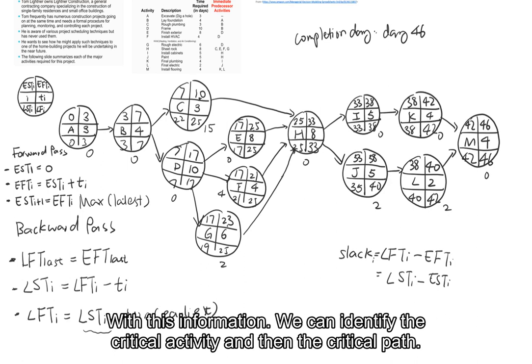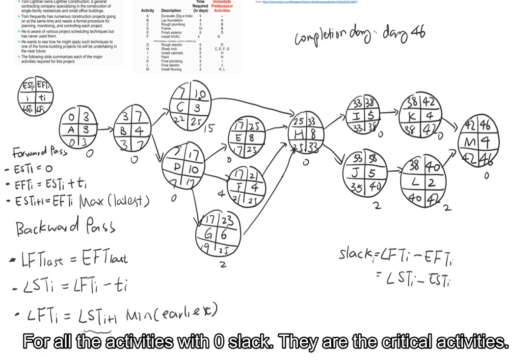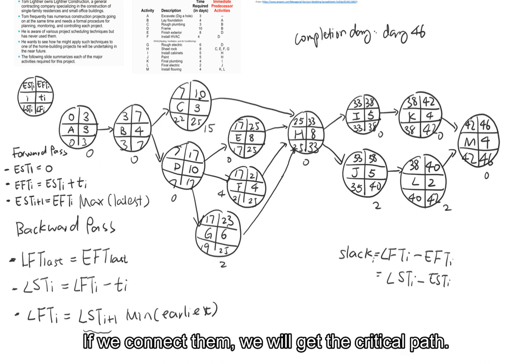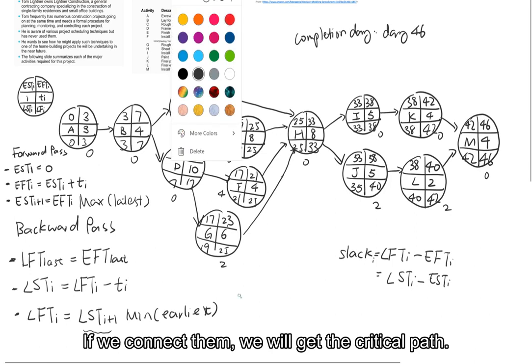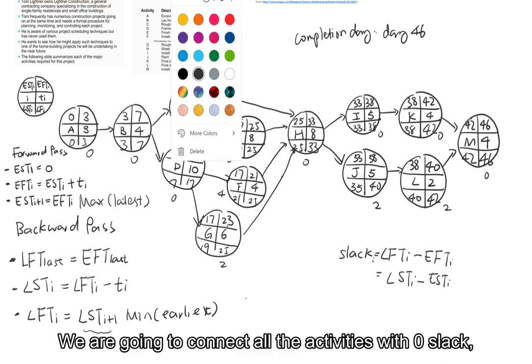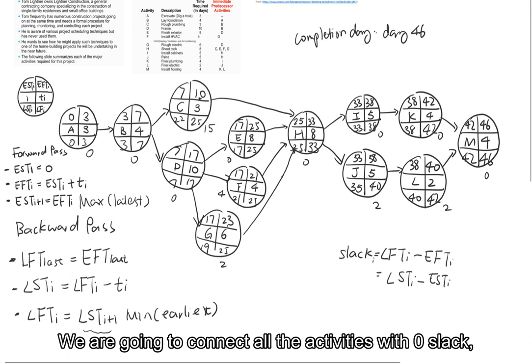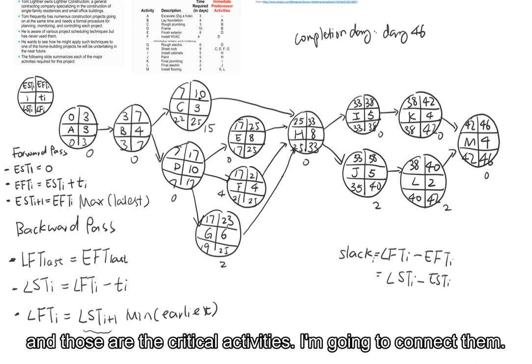With this information, we can identify the critical activity and then the critical path. So all the activities with 0 slack are the critical activities. If we connect them, we will get the critical path. So we are going to connect all the activities with 0 slack, and those are the critical activities. I'm going to connect them. Oops.